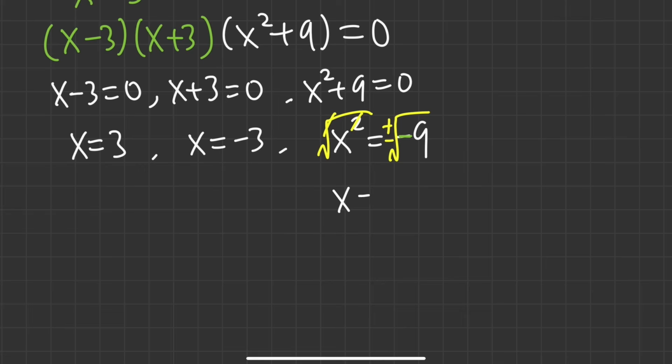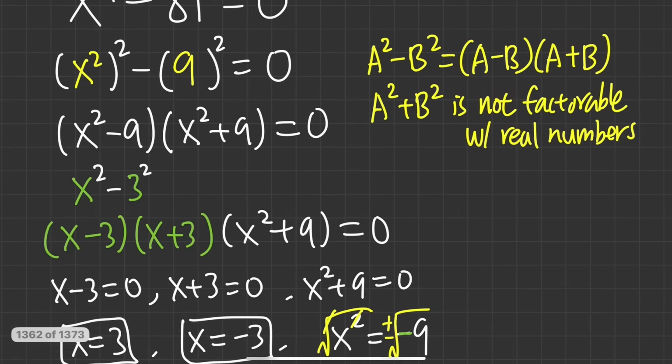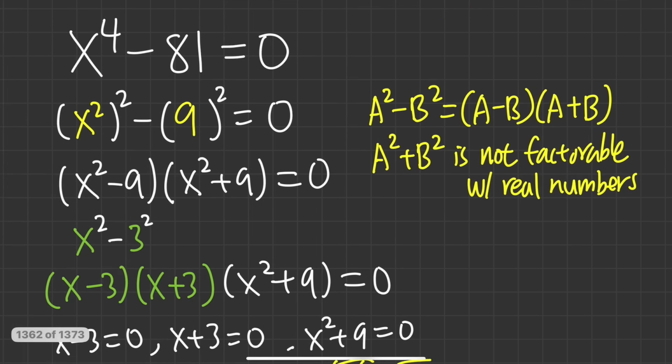So x is equal to plus or minus, we have the i because of the negative inside of the square root, and the square root of 9 is equal to 3. So here we have it. We have 3, negative 3, and also positive 3i and negative 3i. Altogether, we have 4 solutions. This is a fourth degree equation, so we could have 4 solutions.